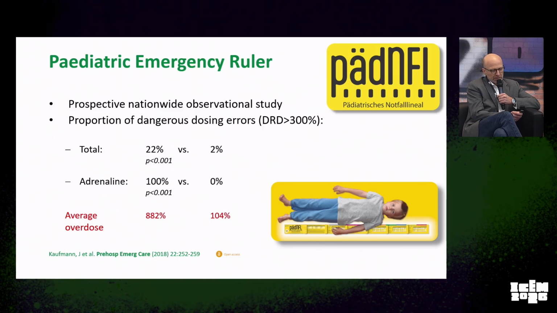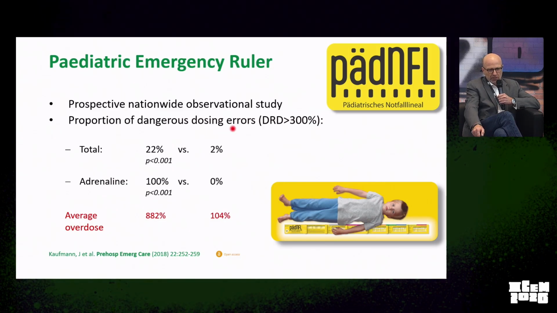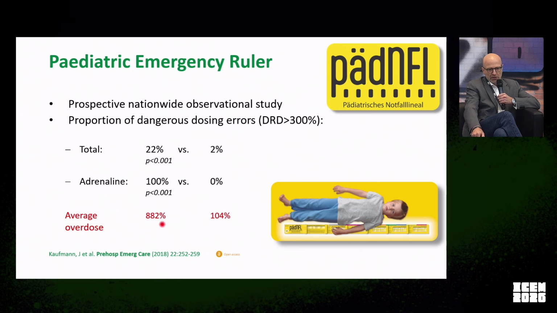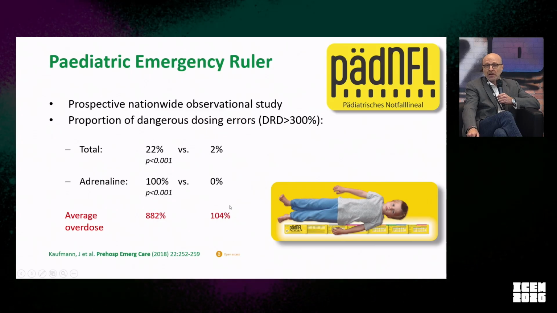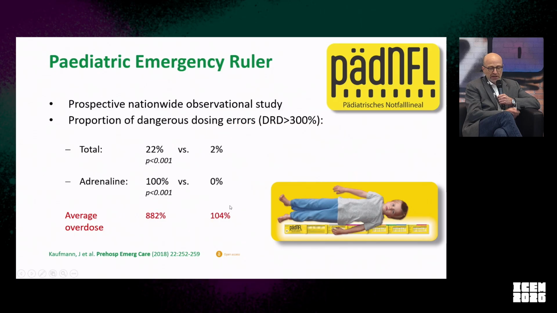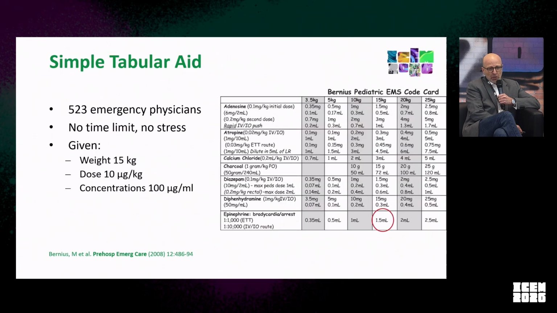You remember the number I said before, this 808% without intervention. With the pediatric emergency ruler, we had an average dose of epinephrine for resuscitation of 104%, so really as precise as possible. But also a simple table could help.